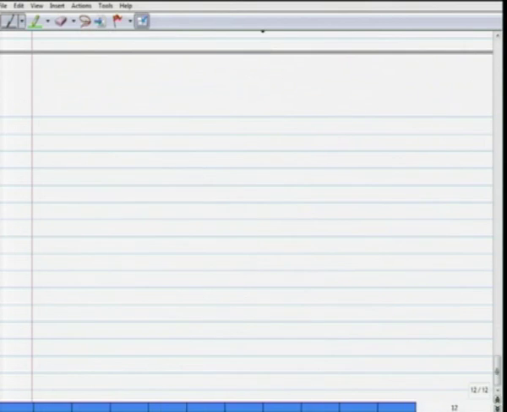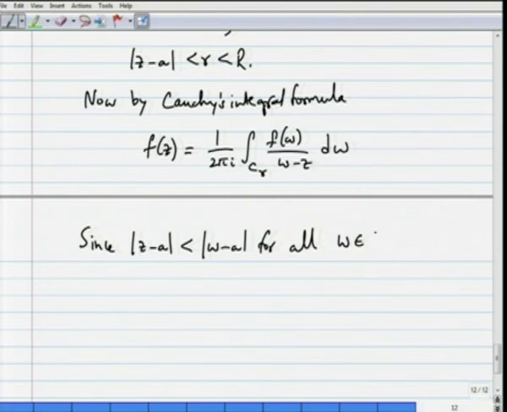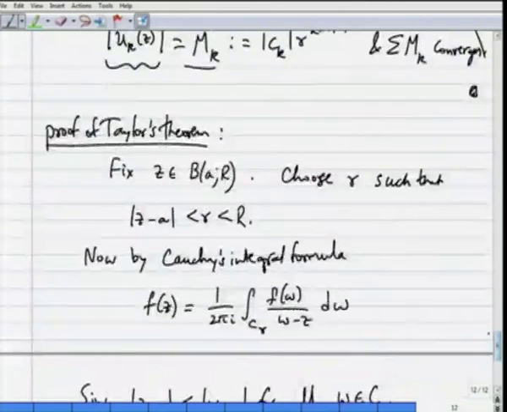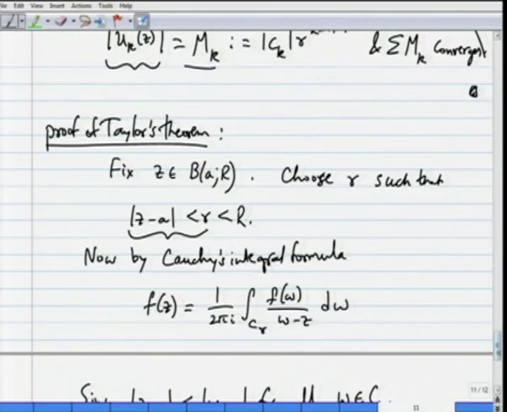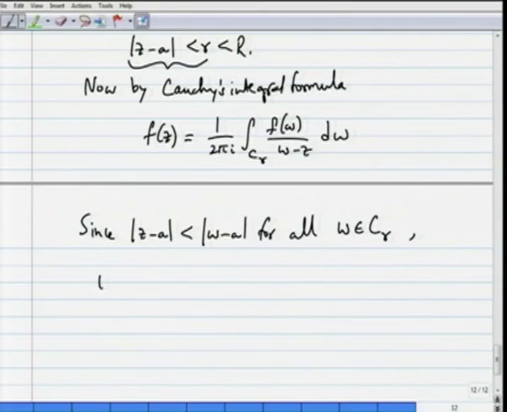That much I know from Cauchy's integral formula. Now, the modulus of z minus a is less than the modulus of w minus a for all w belonging to the circle of radius r centered at a, since z minus a is strictly less than r. So what you can do is take 1 by w minus z, which appears here in the integration.